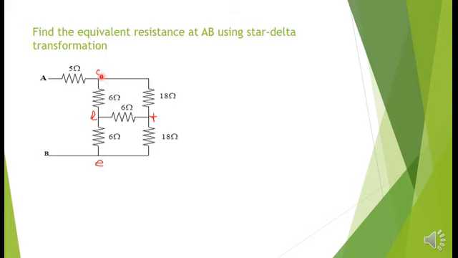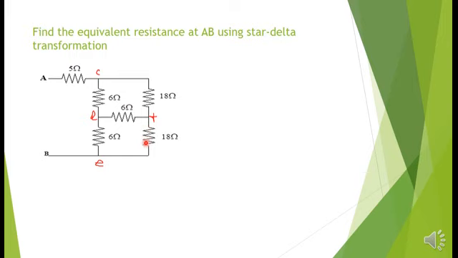Now the question is, which star network do you have to convert into delta, or which delta network to star? Because here CDF forms a delta network. DEF also forms a delta network, as well as CFE with the center D forms a star network. CDE with F as a center also forms a star network.